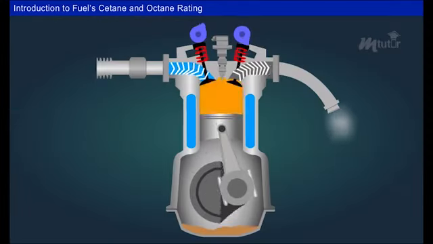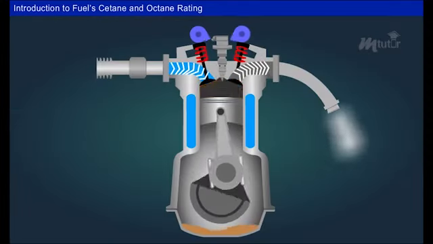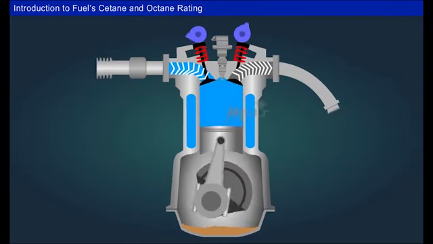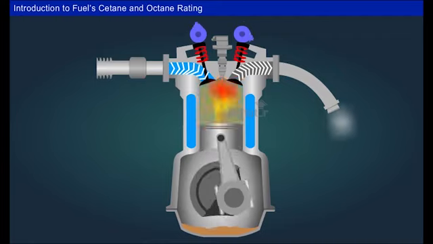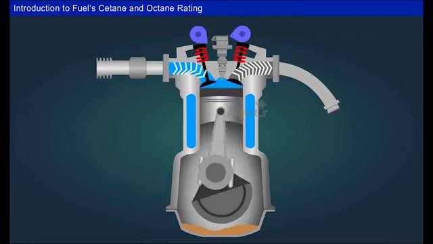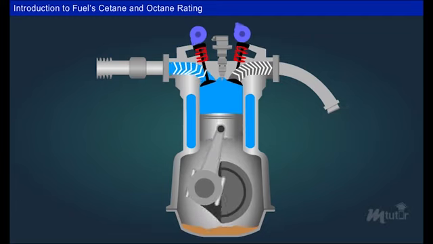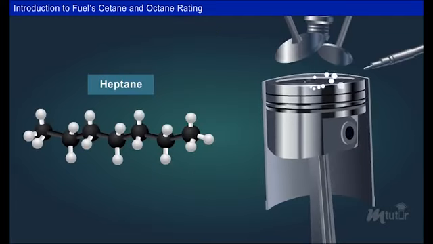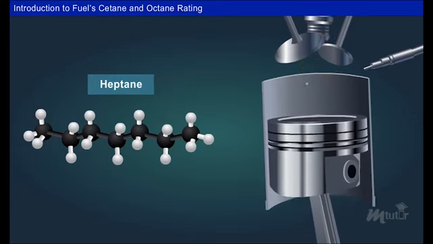The octane rating is a measure of a fuel's ability to avoid knock. Knock occurs when fuel is prematurely ignited in the engine cylinder, which degrades efficiency and can be damaging to the engine. Scientists discovered that some fuels knocked more readily than others.